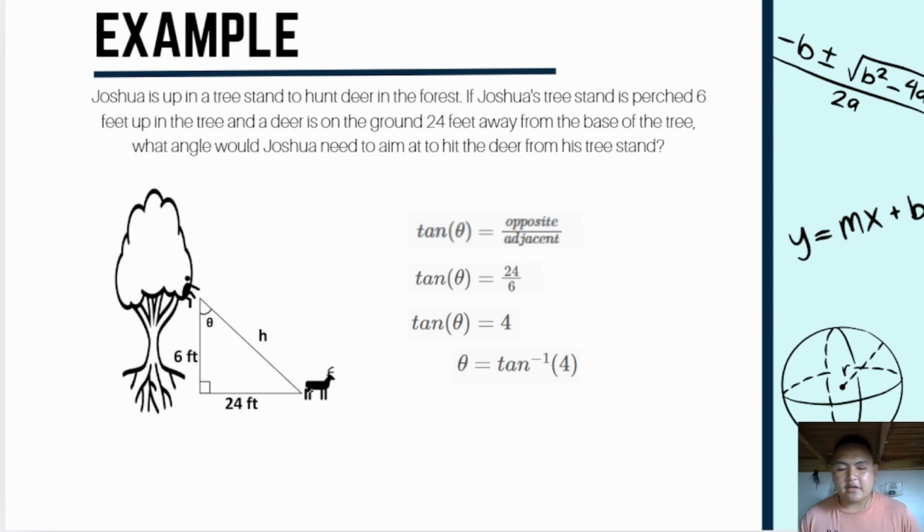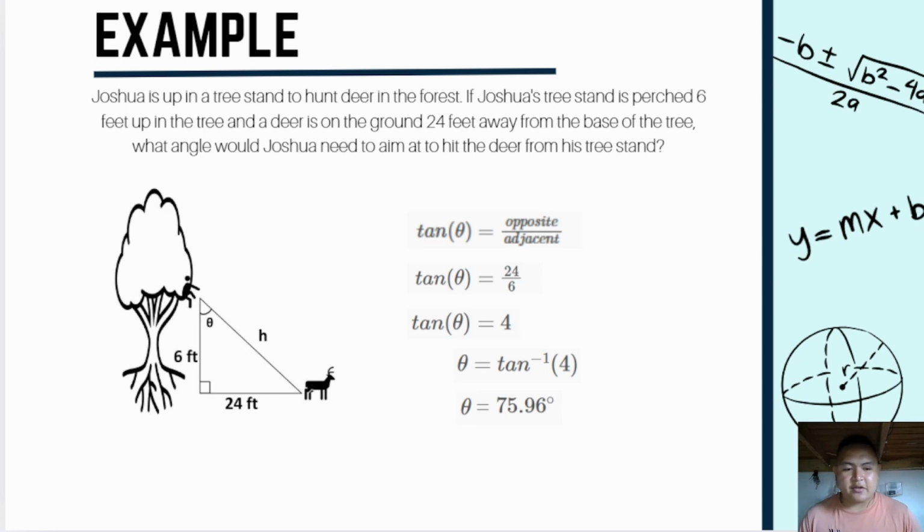We need to use the calculator for this one, and if you enter these numbers in your calculator, you will get that theta is equal to 75.96 degrees. Joshua needs to aim at an angle of 75.96 degrees down towards the ground to be aiming at the deer.